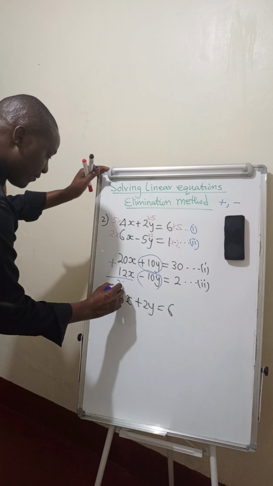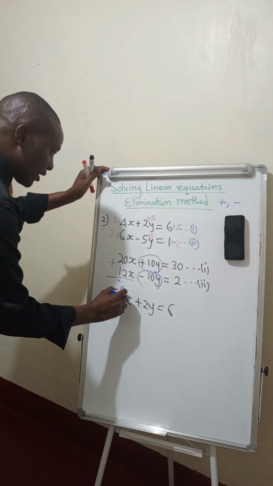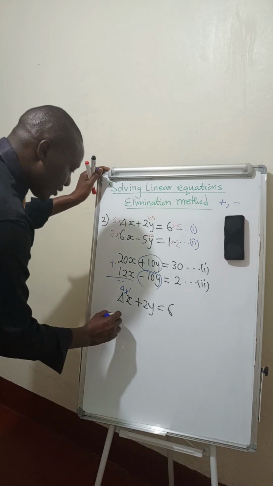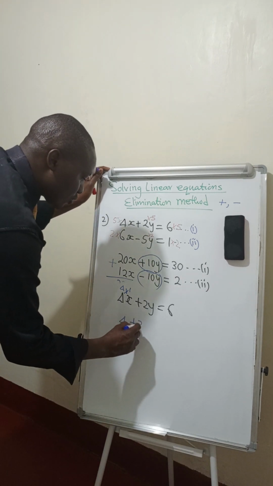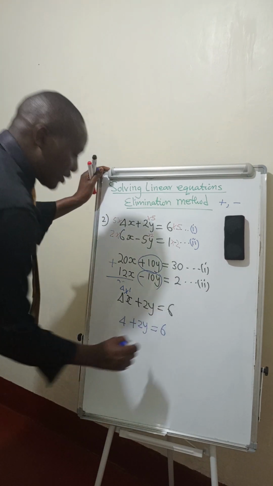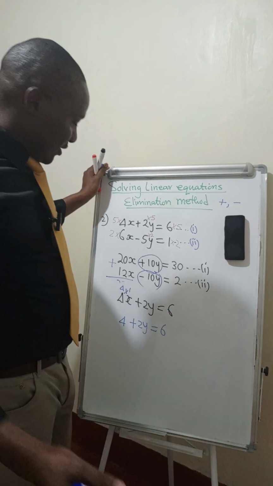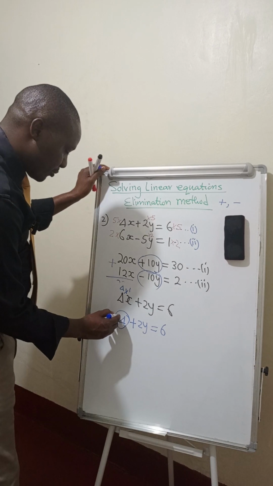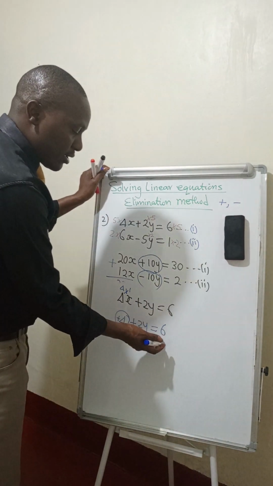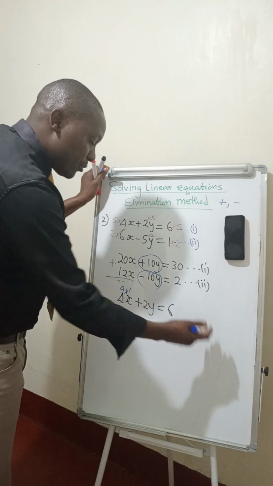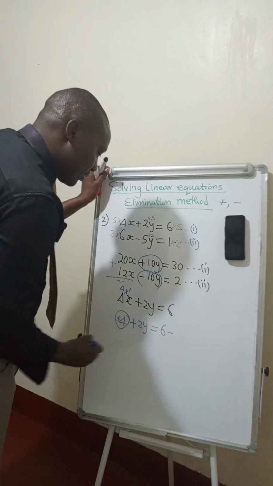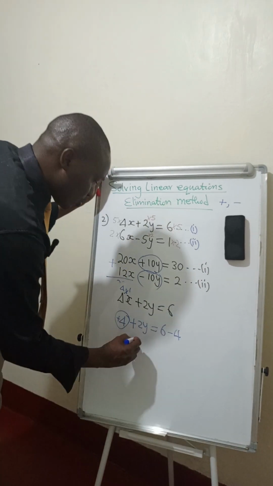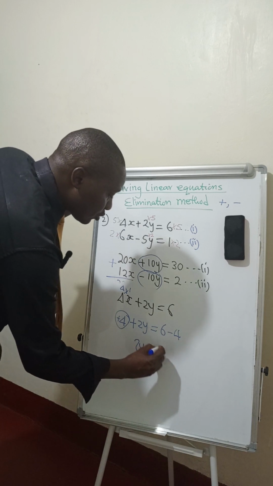So we have 4 times 1, which is 4, plus 2y is equal to 6. What next? Collect the like terms. The knowns, this plus 4 can come to the other knowns here. They can be together. So we shall bring minus 4 here. So 2y is equal to 2.